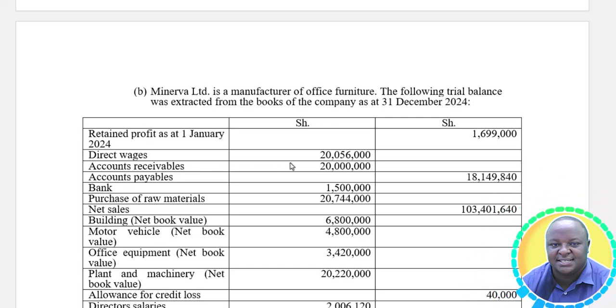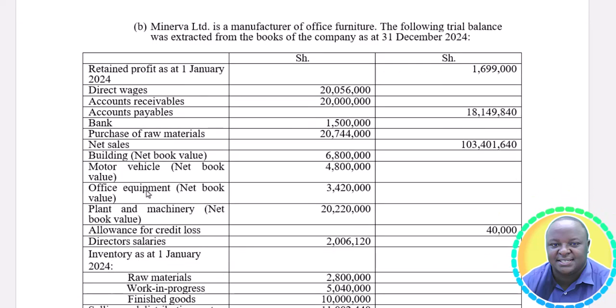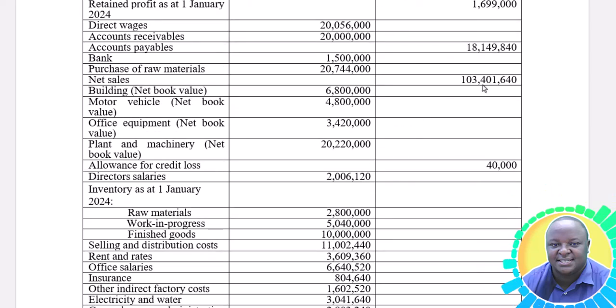Accounts receivables 20 million. Accounts payables 18,149,840. Bank 1.5 million. Purchase of raw materials 20,744,000. So we have the net sales, which were at 103,401,640.